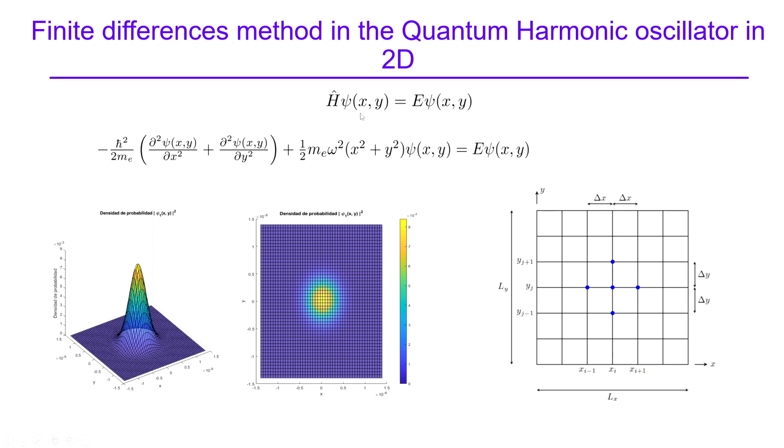The vector is the eigenvector, in this case C, that represents the solution of the system, and that product is equal to C multiplied by a scalar. This scalar is the eigenvalue, and in this case this value is the energy of the quantum harmonic oscillator.